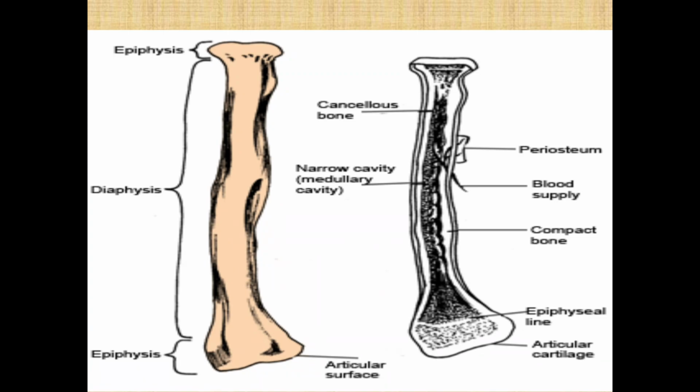We have on the opposite side we have the periosteum, we have the blood supply, we have the compact bone, the epiphyseal line, then the articular cartilage. So we will understand in detail as we go further.